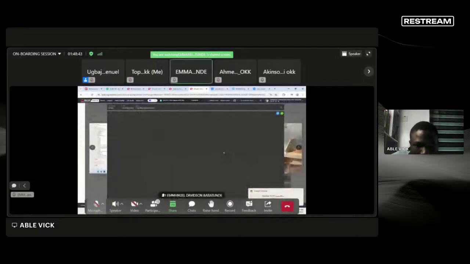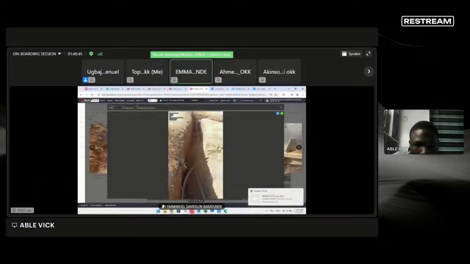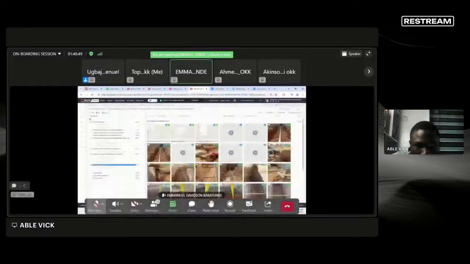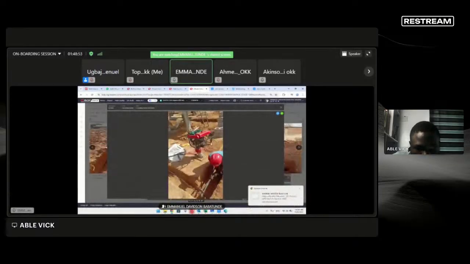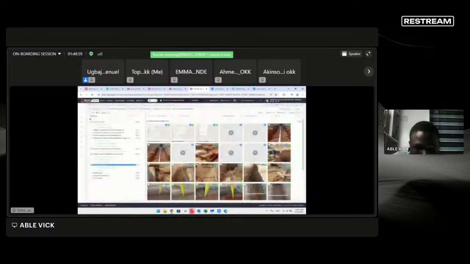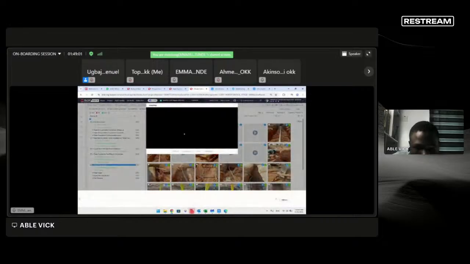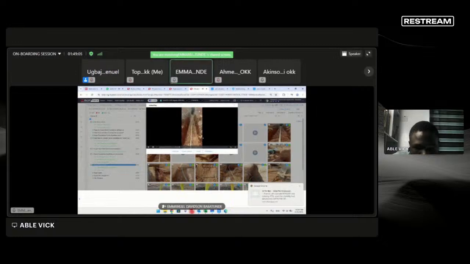So something like this. This is the flat bar installation. This is the iron angle rod that is being driven into the ground. This one is measuring the length of the trench, 6 meters.